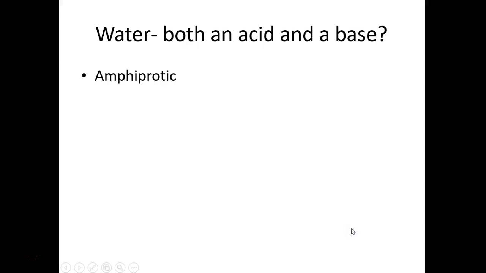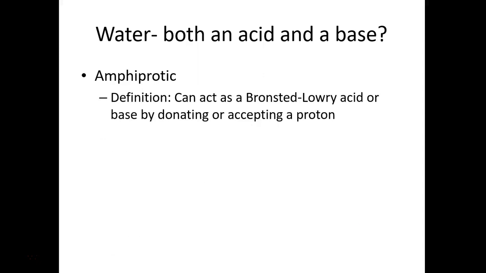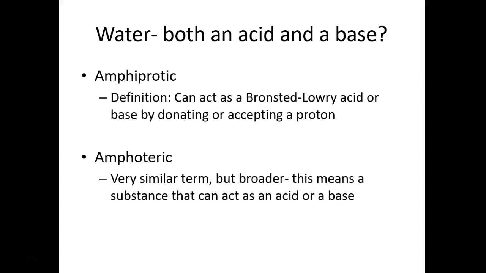So water can act, as we said, both as an acid and a base. That means it is amphiprotic. The definition of amphiprotic is that a substance can act as a Bronsted-Lowry acid or a base because it has the ability to either donate a proton or accept a proton. Now we have a similar definition for a word called amphoteric. Now this is a more general term.